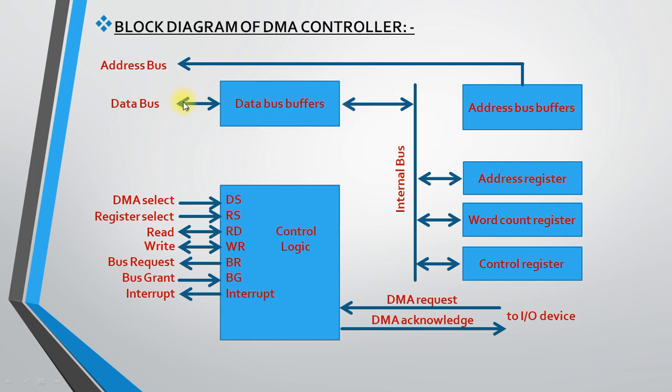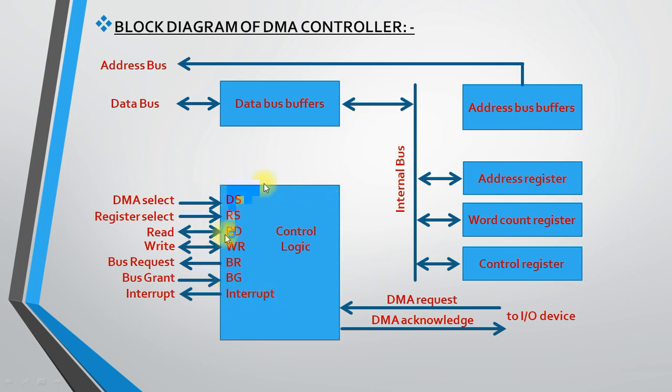Data bus is bidirectional, address bus is only in the single direction. Data bus buffer passes data to the address register, word count register and control register with the help of internal bus.